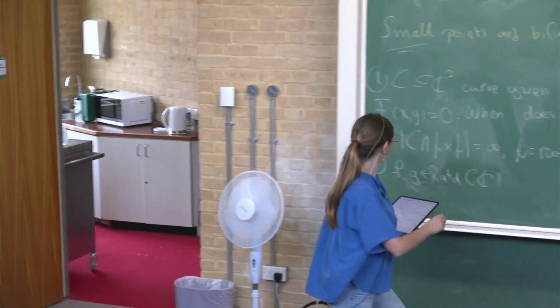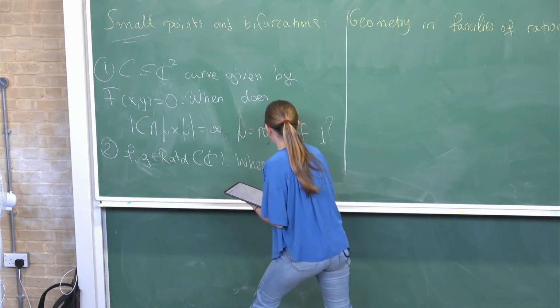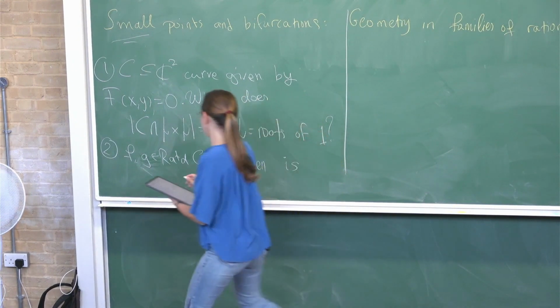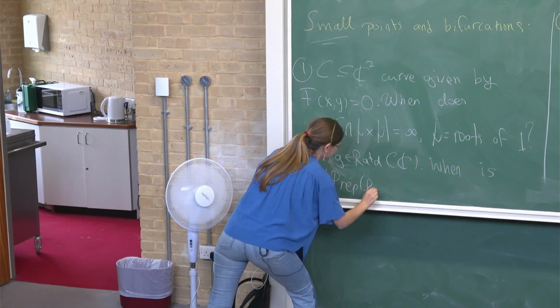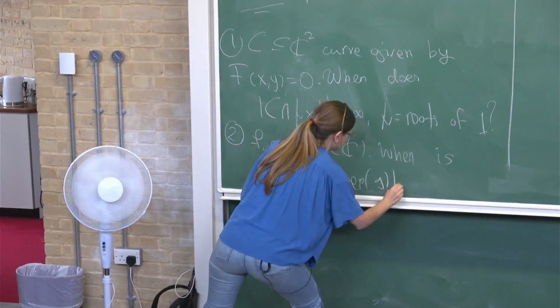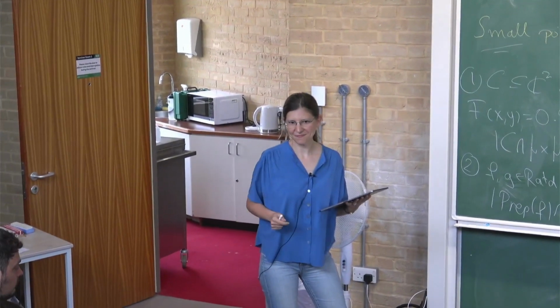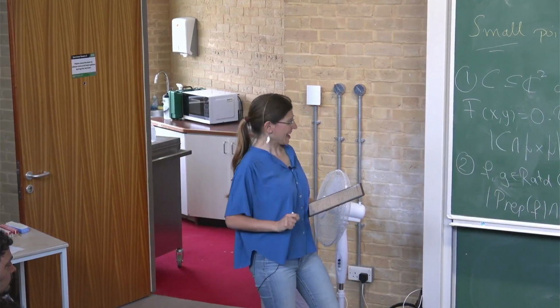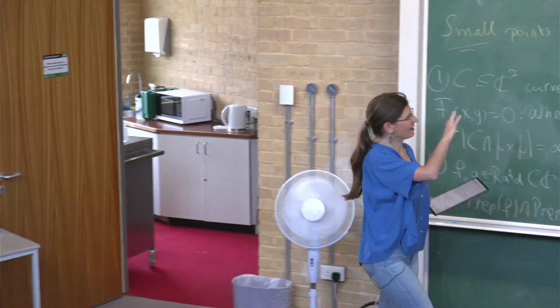And the question is, when do they have infinitely many common pre-periodic points? Okay. Now, the next 2 questions are about bifurcations.